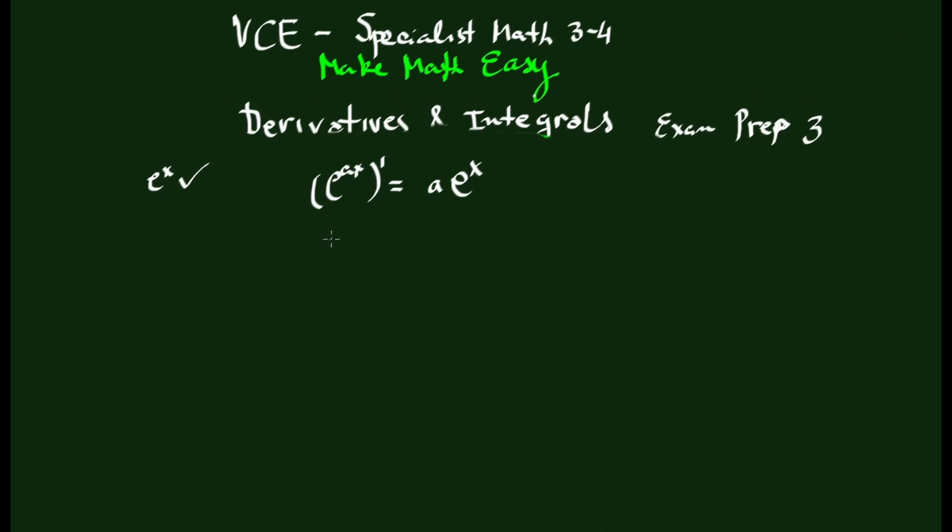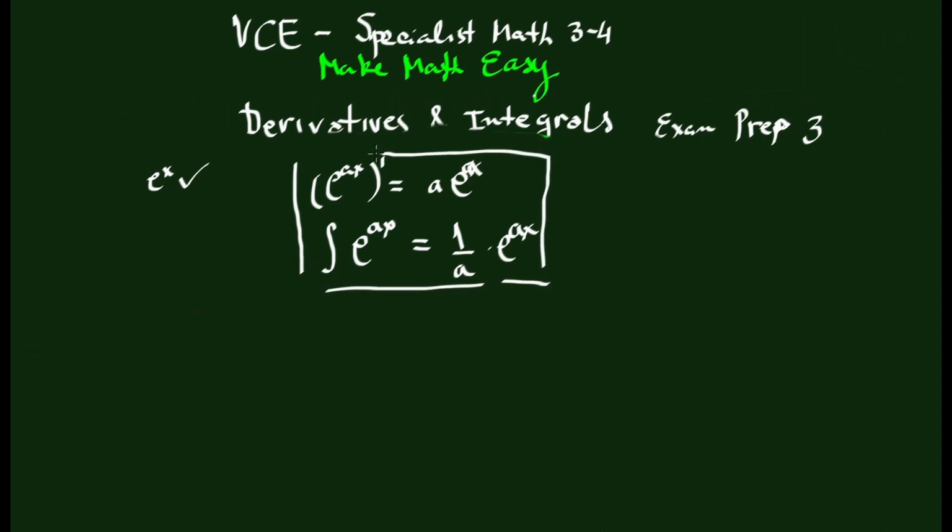And if you have an integral of a times e to the ax, you'll get 1 over a times e to the ax. So that's what we will use, right? So let's delete this and continue.